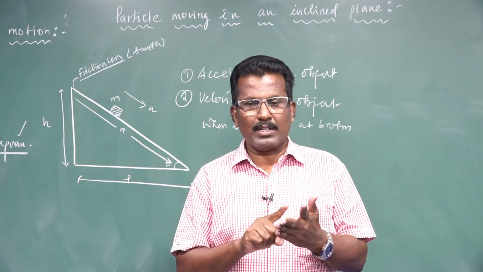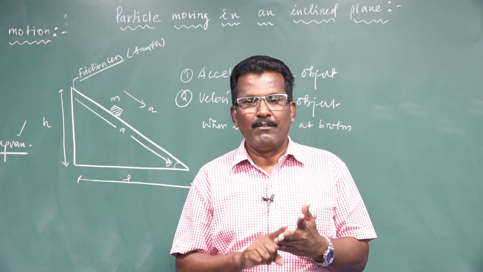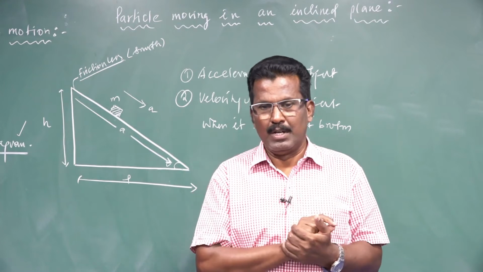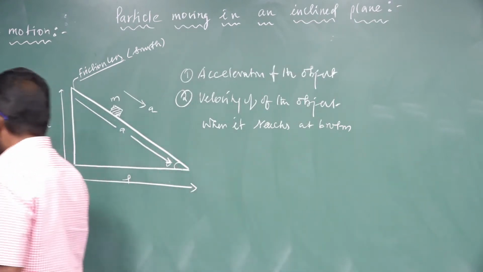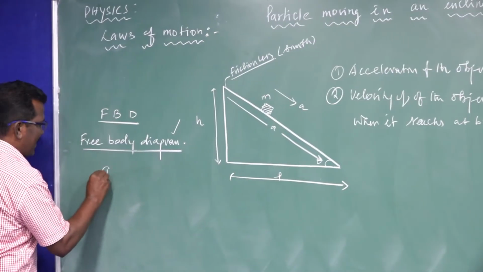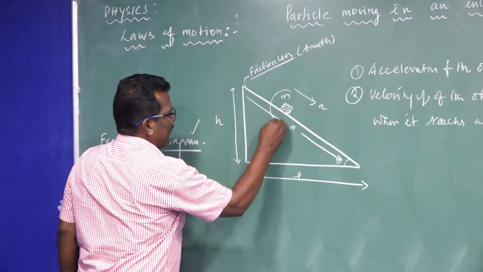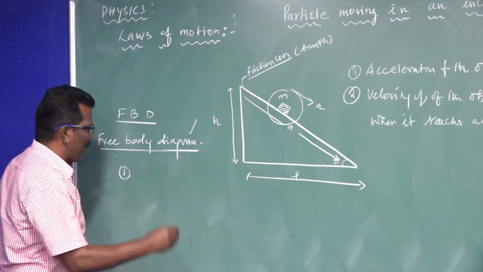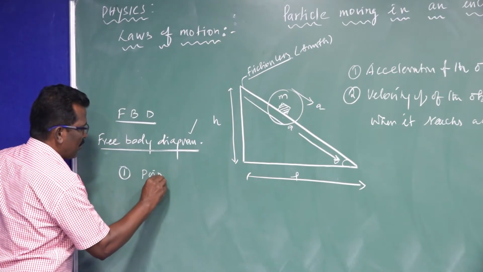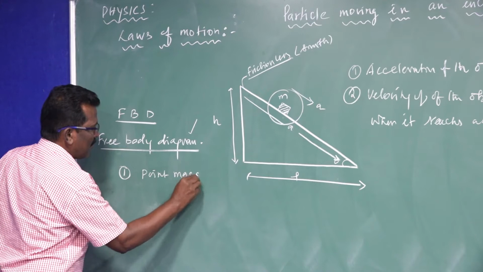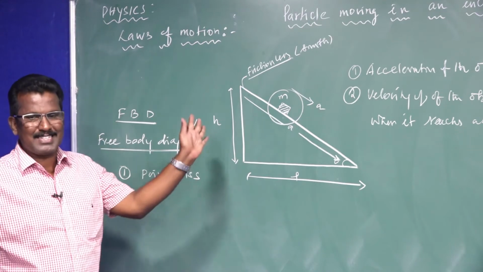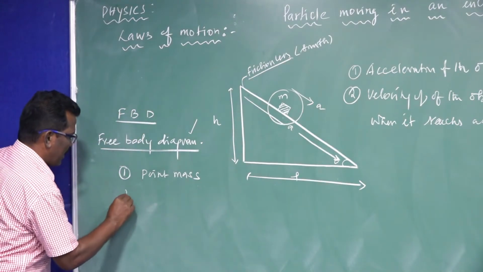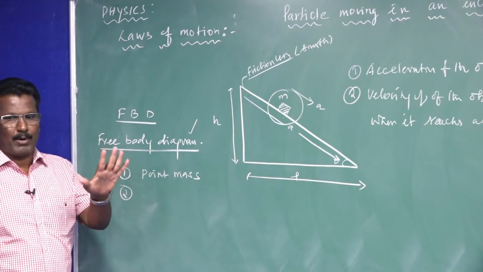Before drawing the FBD, we have to develop some concepts. What are the concepts to be developed? First concept: whatever the size of the body, whether big or small, consider it as a point mass. Second, how many forces are acting on the body?